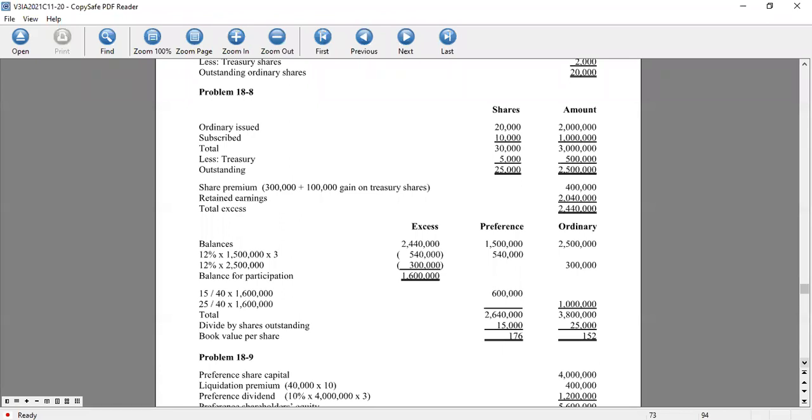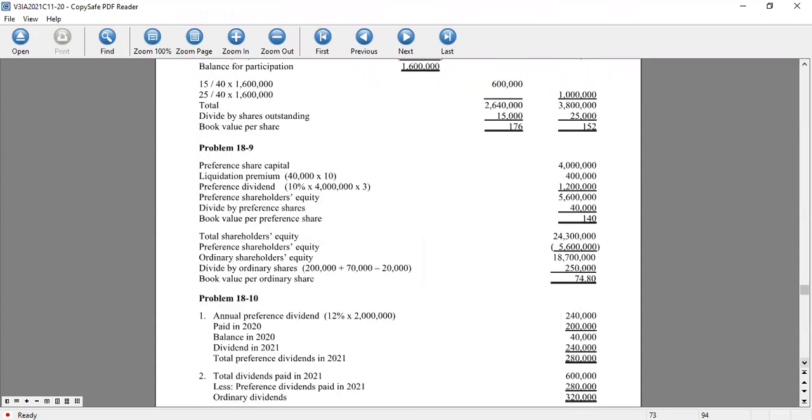Now these are the book values of both shares. Now take note that the basis of giving the dividends are the outstanding shares. So the outstanding shares are in the hands of the stockholders.